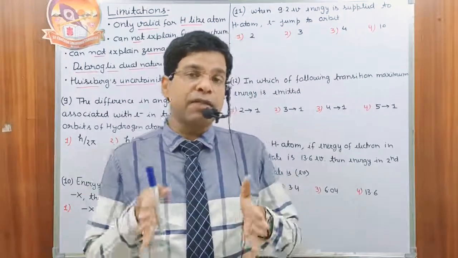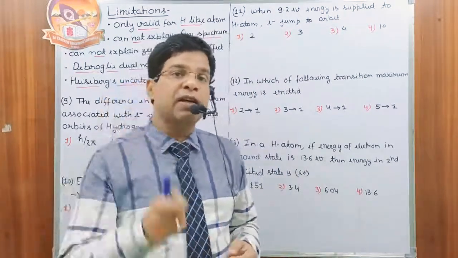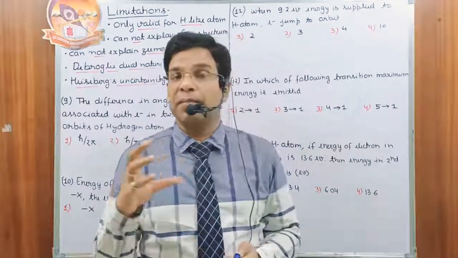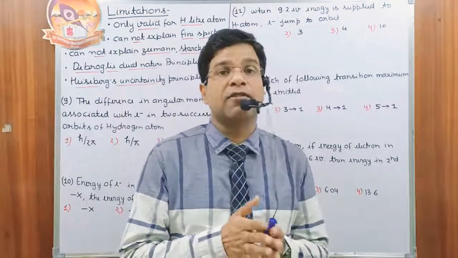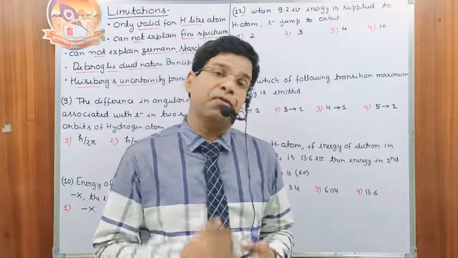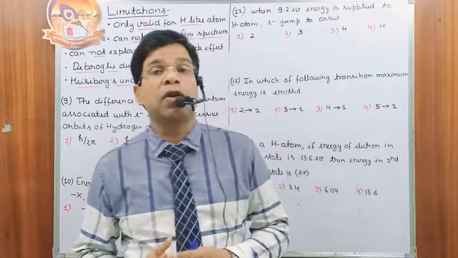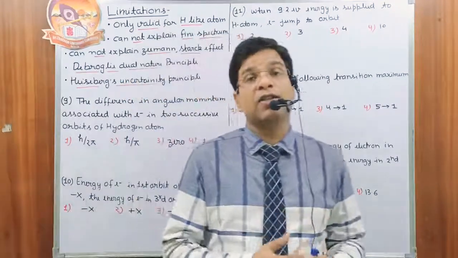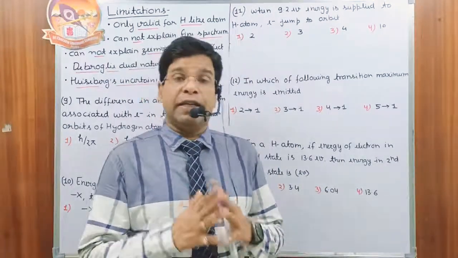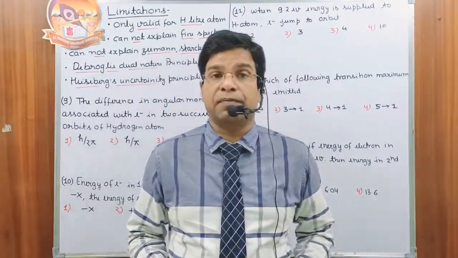When we observe these fine lines together, they give the appearance of a single line. So whenever we observe the main line under the HRS, it's further split into several parts, and that is called the fine spectrum. So the Bohr model cannot explain the existence of the fine spectrum, how the fine spectrum is generated from the main spectrum.